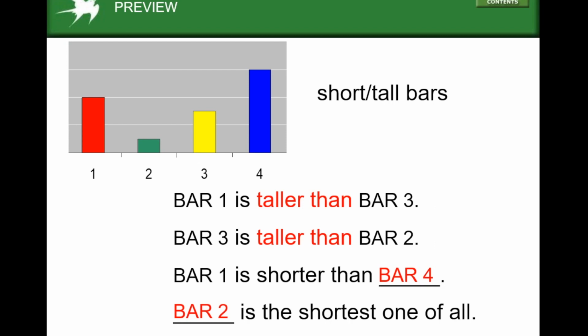Yes, in the first three sentences, you are using comparatives to compare two objects. But in the last sentence, you are using a superlative adjective, the shortest, to describe that bar 2 is the shortest in the group. Bar 2 is the shortest of all.